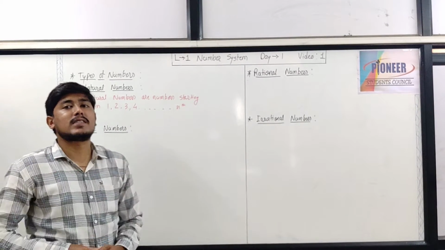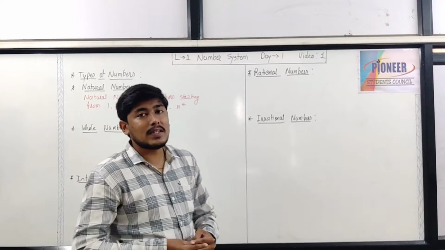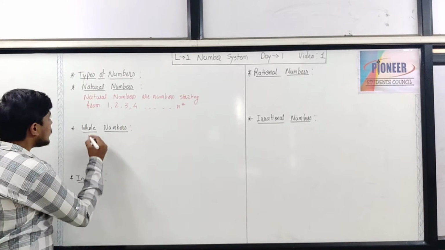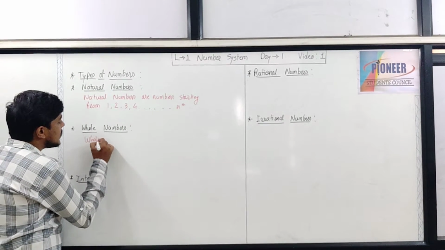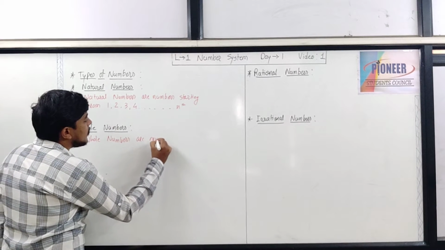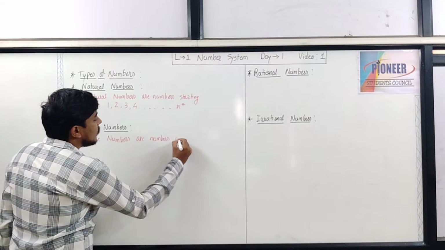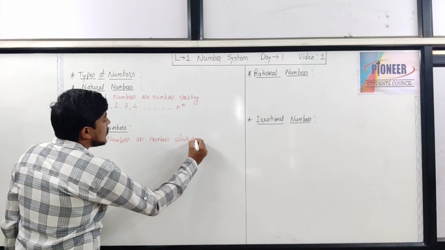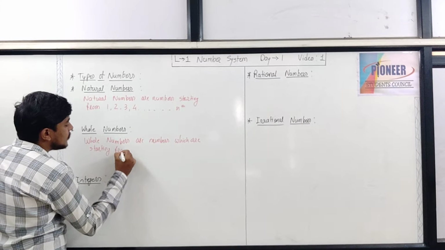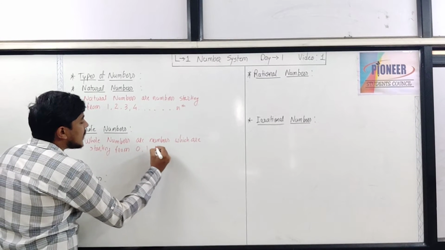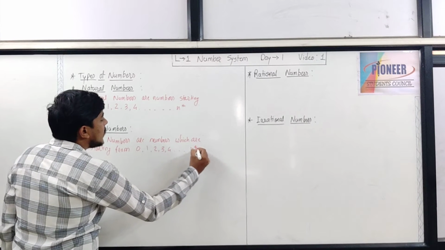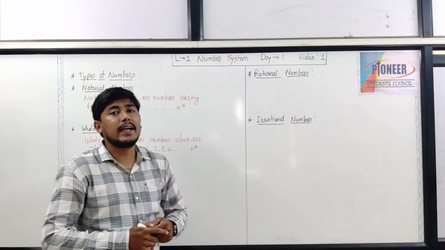Whole numbers are the numbers which start from 0, then continue to 1, 2, 3, 4 and so on up to the nth term.